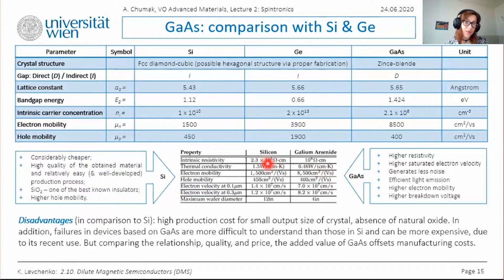And of course, as a rule of thumb, the lower the thermal conductivity, the better. So gallium arsenide is 3 times lower than silicon, 3 times better than silicon. Because gallium arsenide devices also generate less noise than silicon devices, gallium arsenide could be used in high frequency applications up to 250 gigahertz.